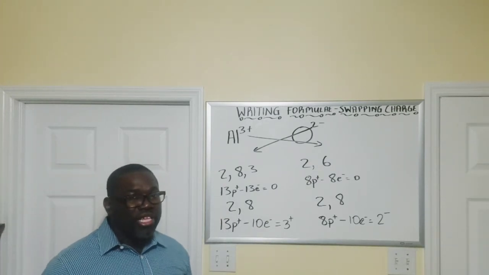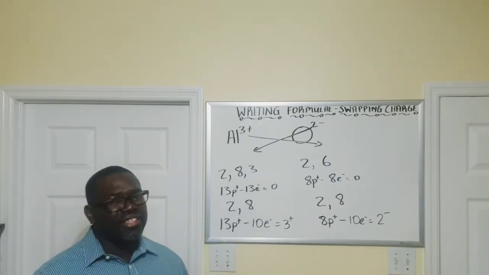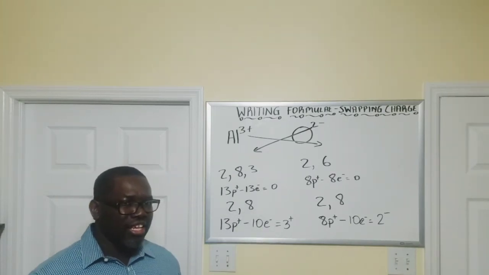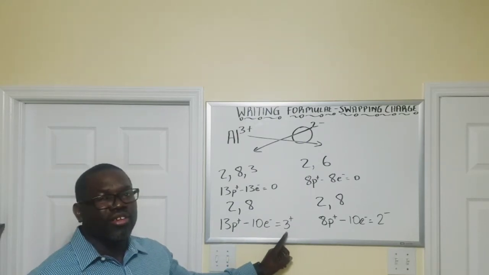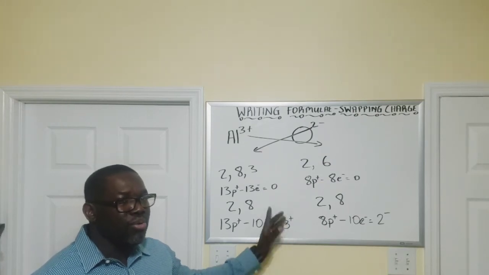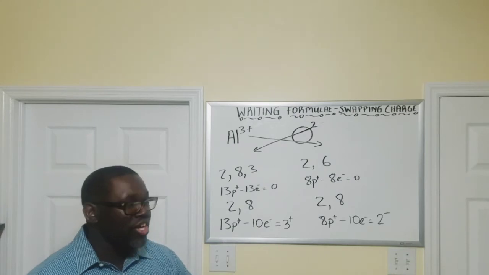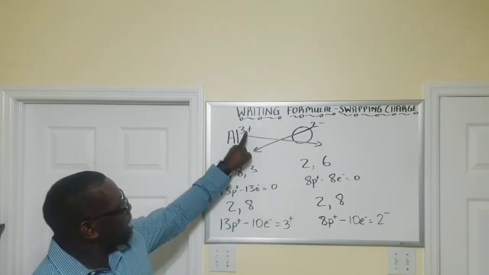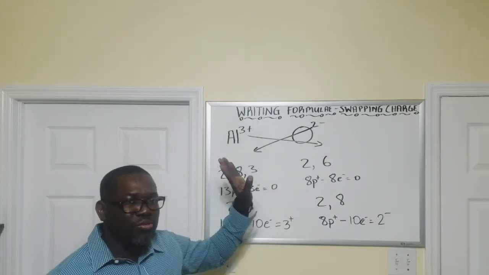Now, how many electrons does it have? 2 plus 8, that's 10. So it now has 10 electrons. So 10 from 13 is 3. And that's a positive 3 actually. The mathematician would say plus 3, but because we are chemistry students and we're writing the charge, we say 3 plus. And that is where this 3 plus comes from right there.